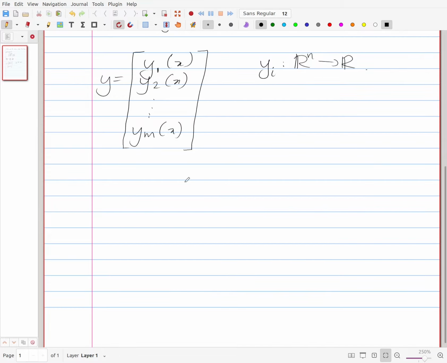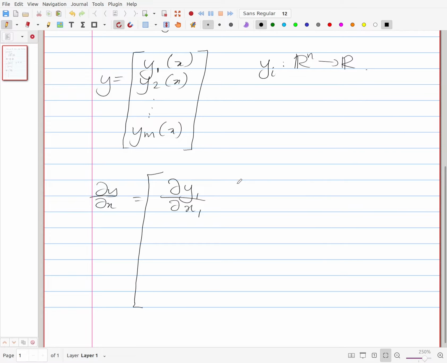So, for example, let's take the partial of y1 with respect to the first component x1, like so. And we're going to put that as an entry in our matrix.